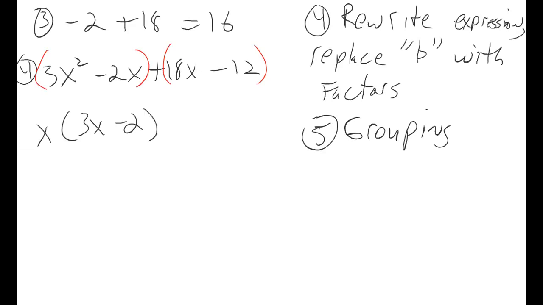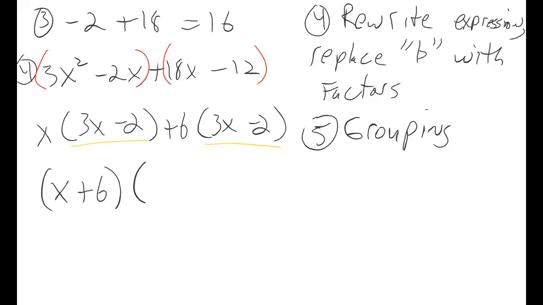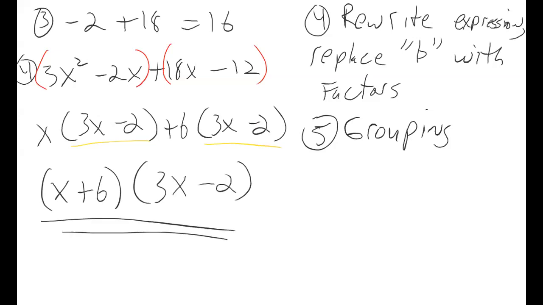The next one, what am I missing here? Oh, 6, there we go. So I pull out a plus 6, and that gives me 3x minus 2. Notice these 2 things are the same. So I combine my outer terms, x plus 6, 3x minus 2. And there is my final answer. So all of this right here was step 5. So it's a 5-step process to do the AC method.